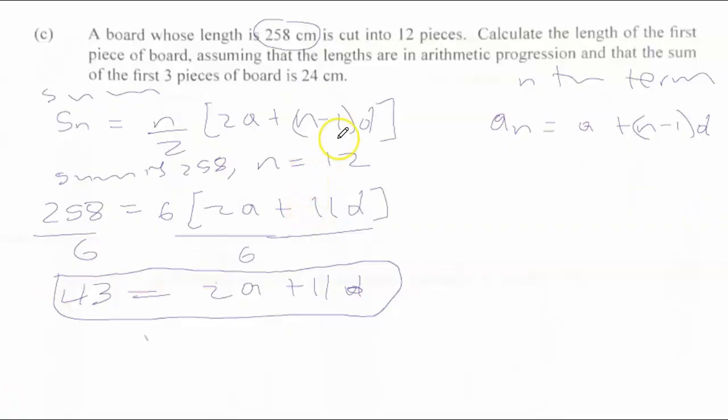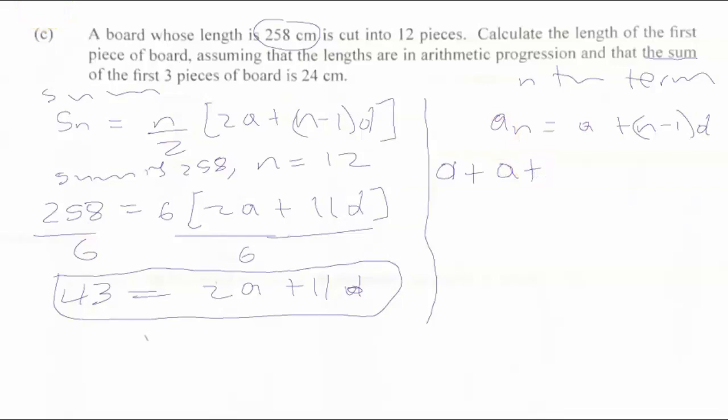In the second sentence, we're told that the sum of the first 3 pieces of board is 24 centimeters. So let's call the first piece A. The second piece will be A plus the common difference.